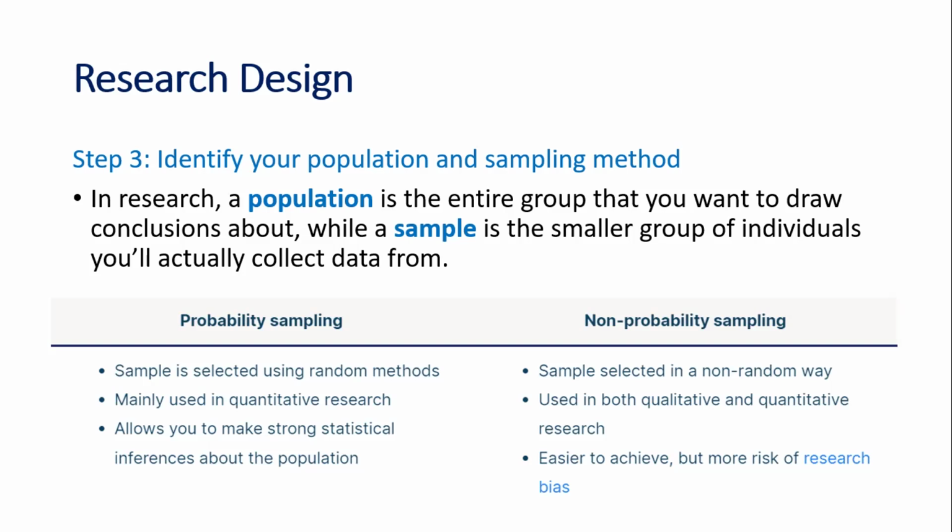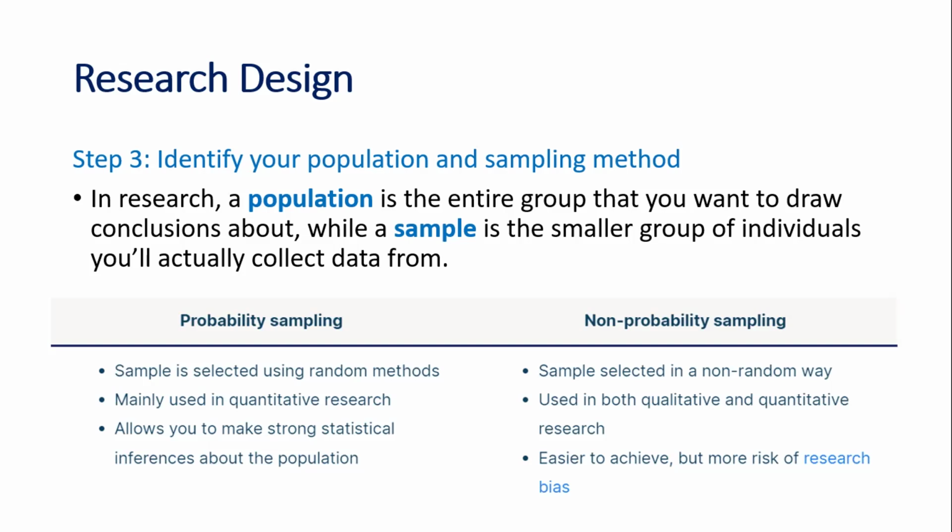There are two techniques or methods that we have: one is probability sampling, and the other is non-probability sampling. Probability sampling is a sampling method that involves randomly selecting a sample, or a part of the population that you want to research.